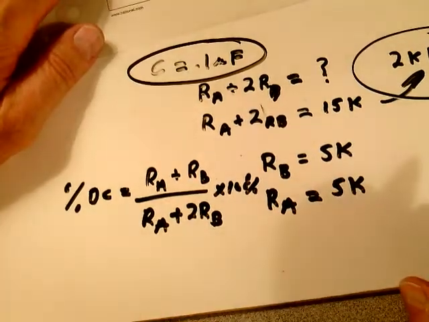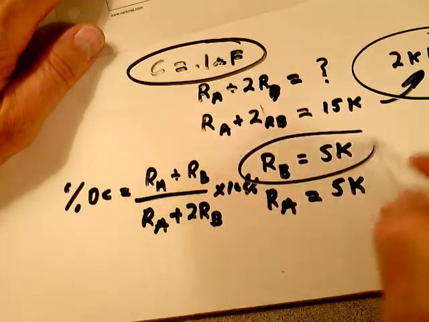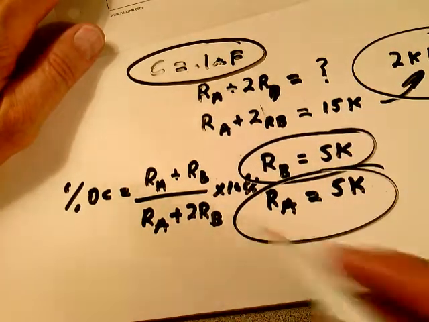If you put those values in there, you're going to end up with 10 over 15. You're getting about a 68% duty cycle. That's not the 75 we want. So you have to go back and rework the value for RB, calculate RA, do a little trial and error.